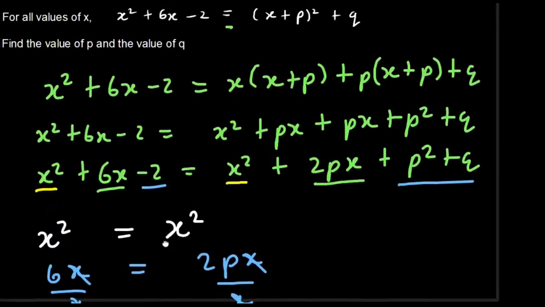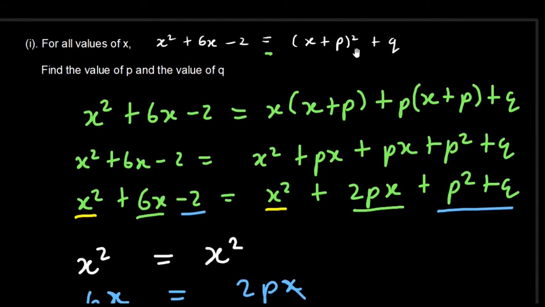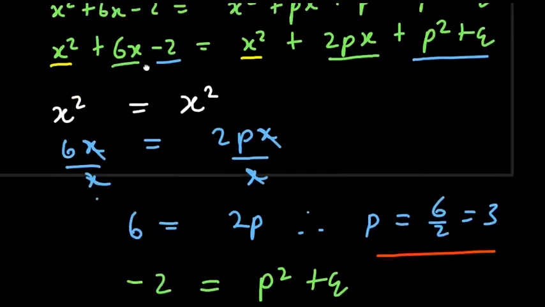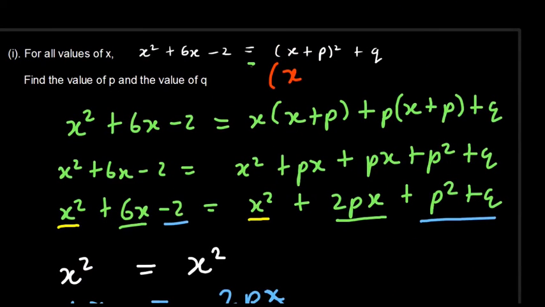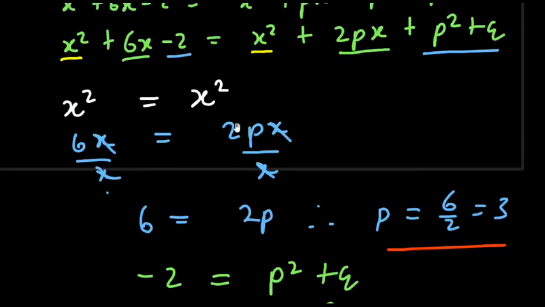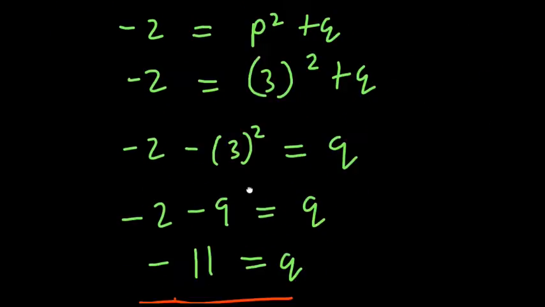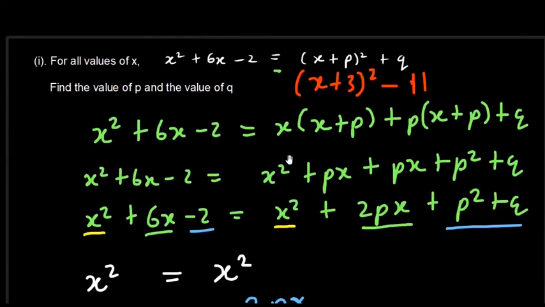We have already got our result, which means if we were to express x squared plus 6x minus 2 in this expression, our answer will be (x plus 3) squared minus 11. Yes, q we got is -11.